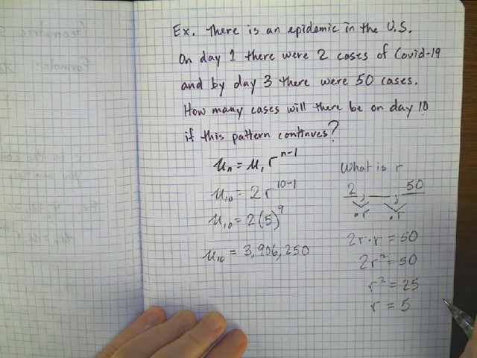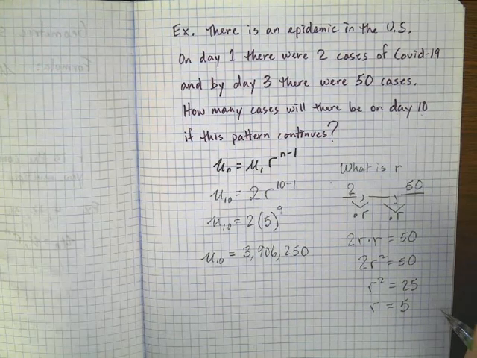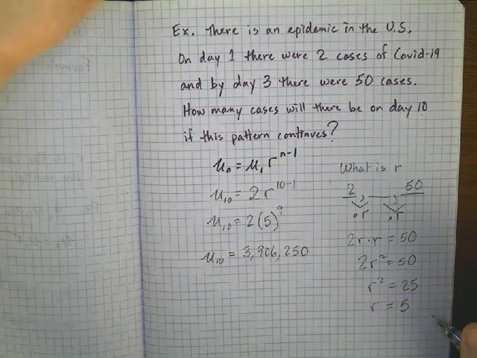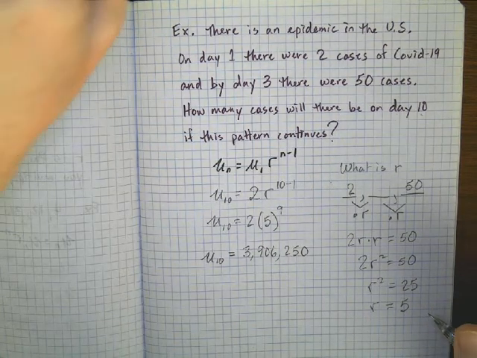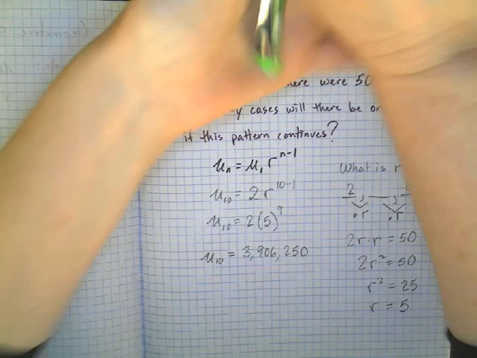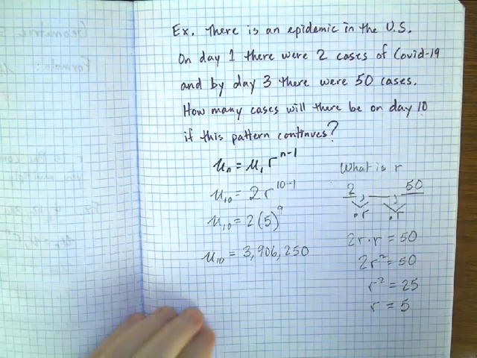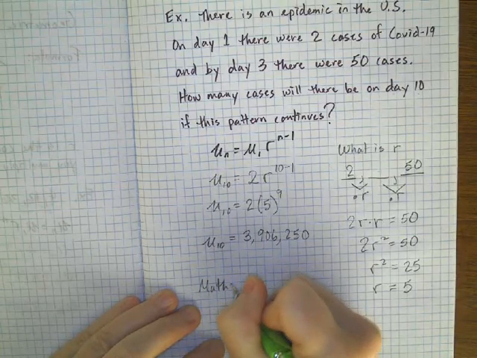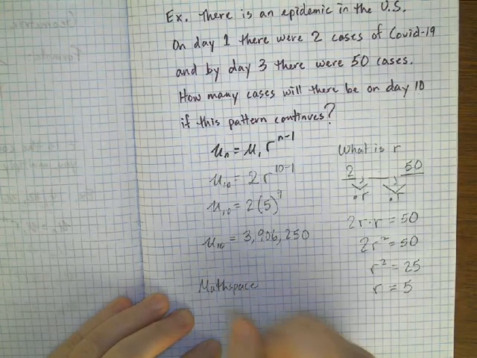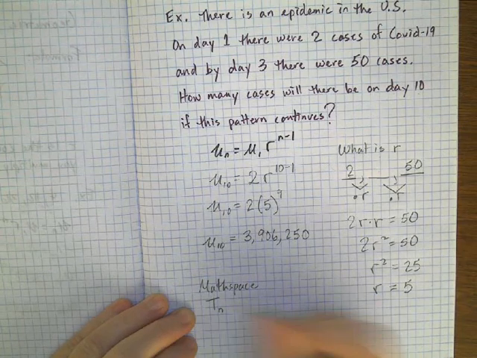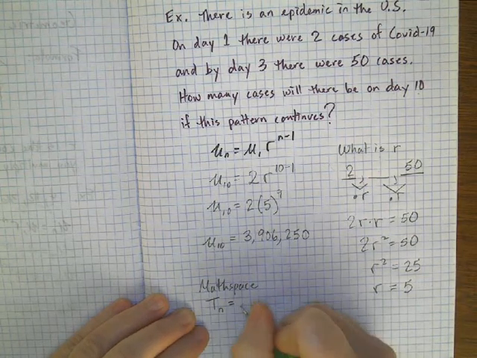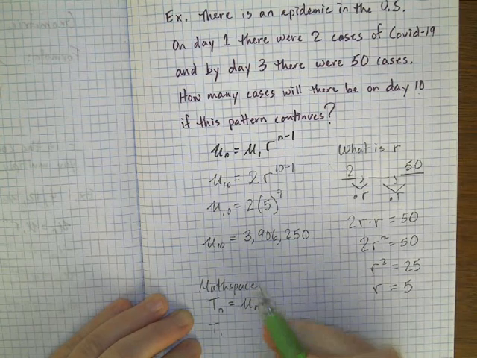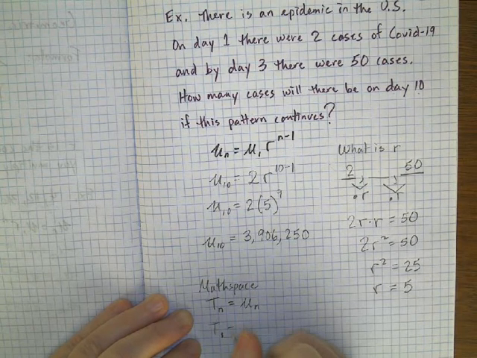Okie dokie. So what you're going to be doing is problems like this in math space, but with a little bit different notation. Instead of using u sub n, in math space they use t sub n. They use t instead of u. So t sub n is the same as u sub n, and therefore t sub 1 is the same thing as u sub 1.